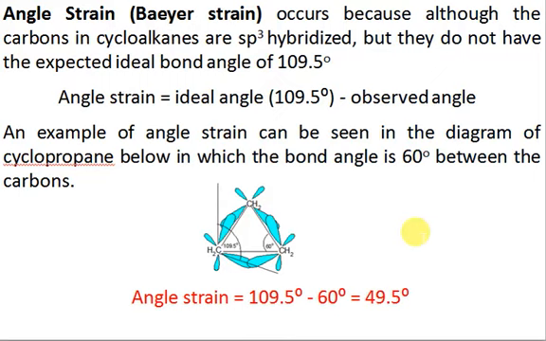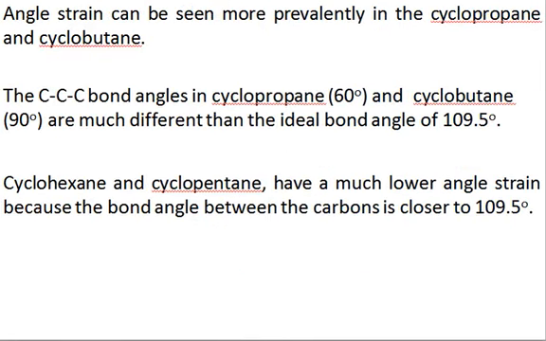Since the angles have been squeezed a lot, the atoms are very close, and because of this closeness of the atoms and the decreased bond angle, the system is highly unstable. This is known as the angle strain. Angle strain is mostly observed in cyclopropane and cyclobutane. In cyclopropane, the bond angle is 60 degrees, and the angle strain is 49.5.